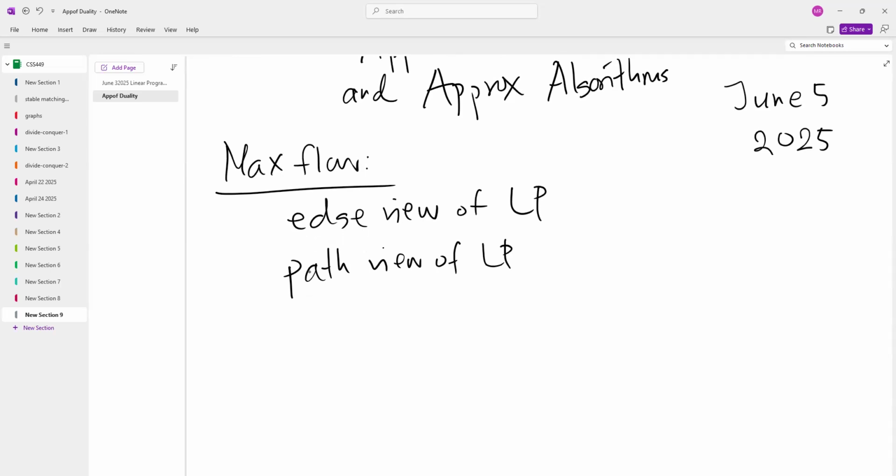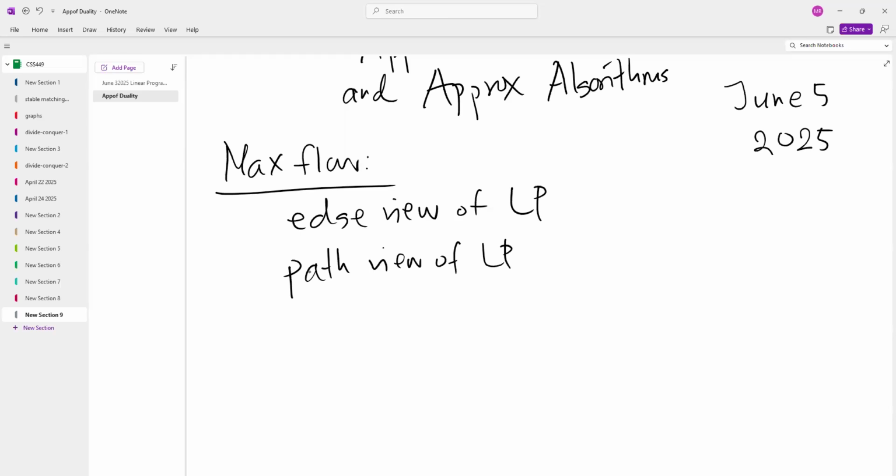Because if you remember the first or even the greedy approaches for max flow, we were trying to find one path from S to T, right? And we would find the bottleneck on the path, and we would assign that same bottleneck flow on the full path. So in some sense, every ST path gets an assignment of a flow, which is the same flow on all the edges of that path.